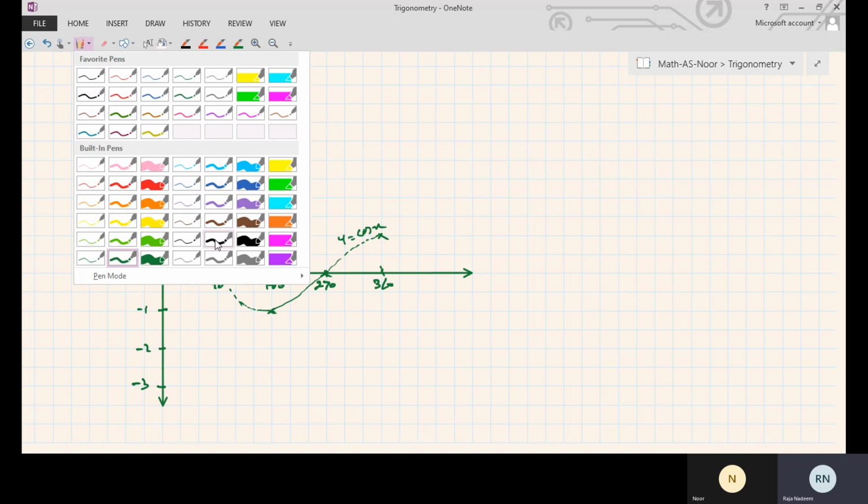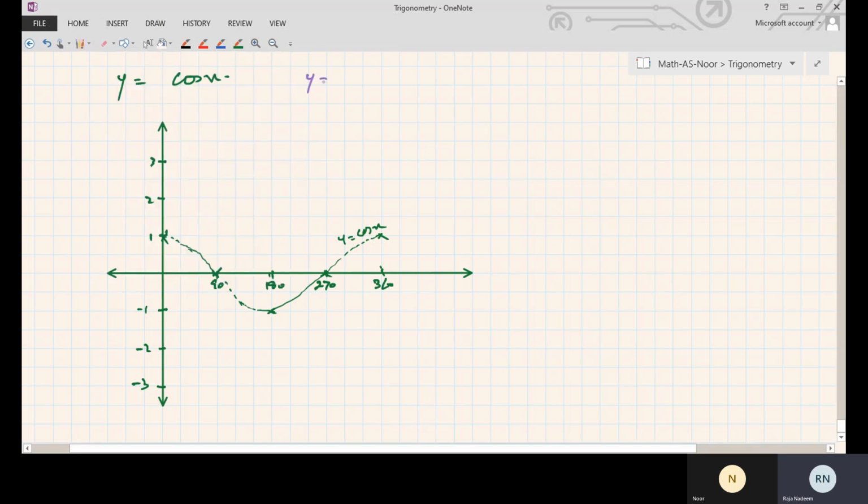If I ask you to draw the graph of y is equal to minus cos of x, what kind of transformation is this? A reflection. It is a reflection in the line.